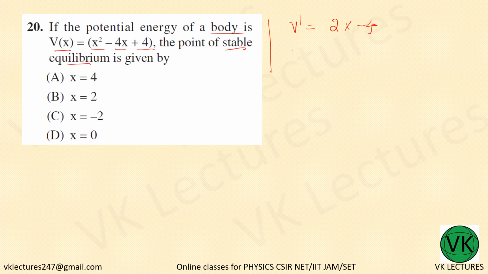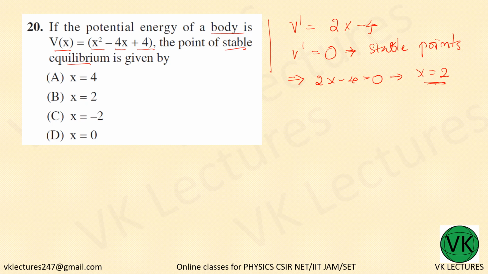When you equate V dash to 0, you get equilibrium points. V dash equal to 0 implies 2x minus 4 equal to 0, that is x equal to 2.